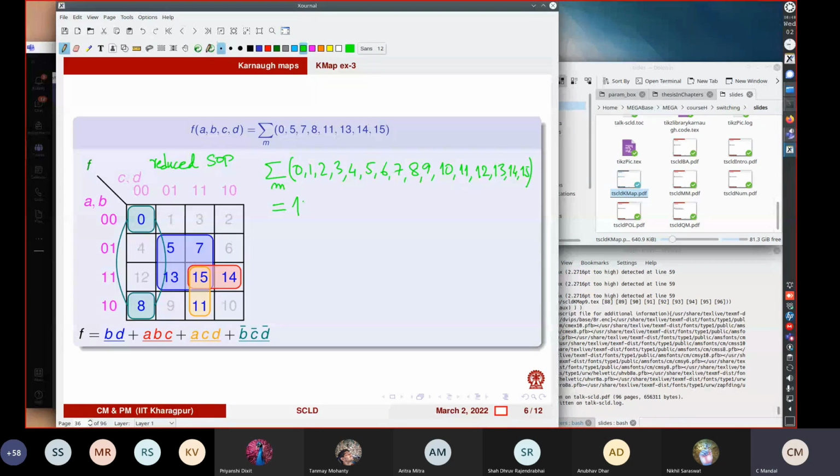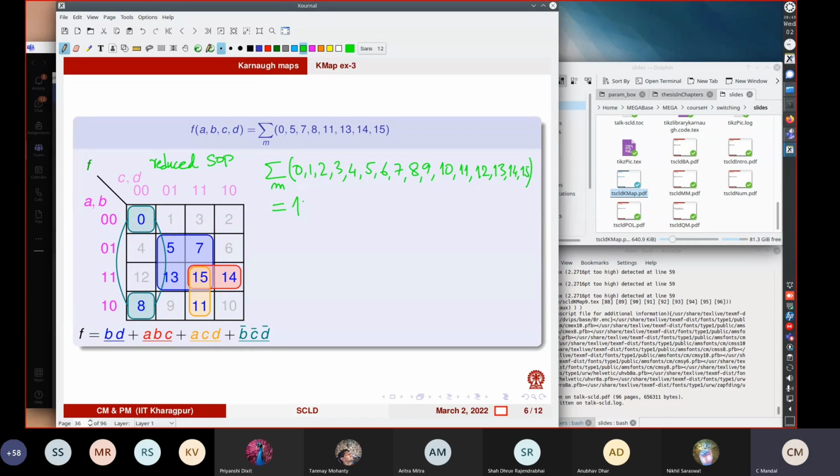So that can be a starting point for your logic optimization. And then following suitable methods, you could try to optimize that.